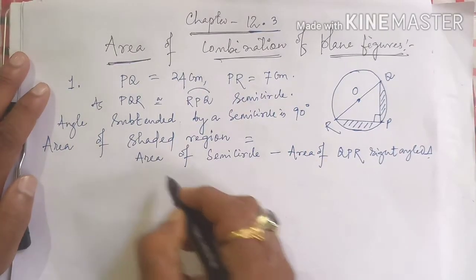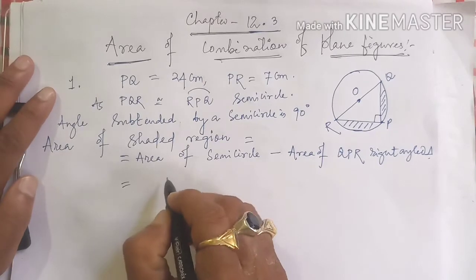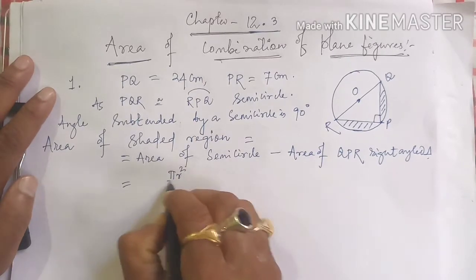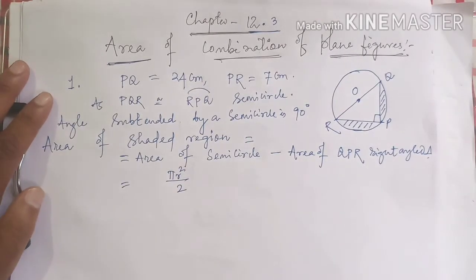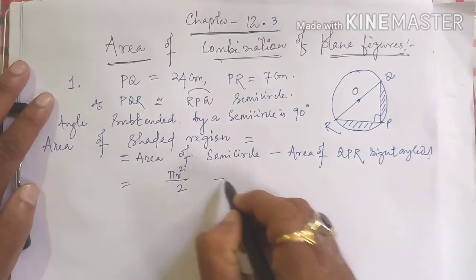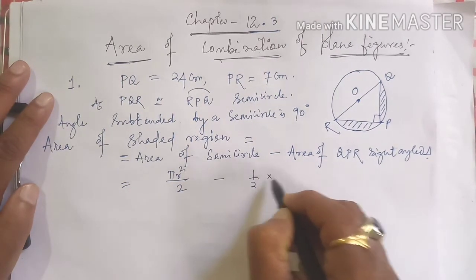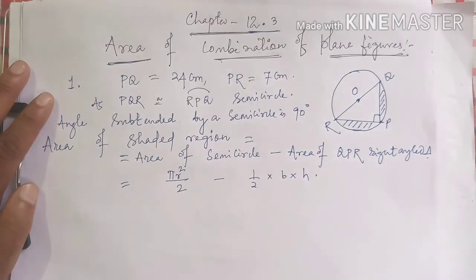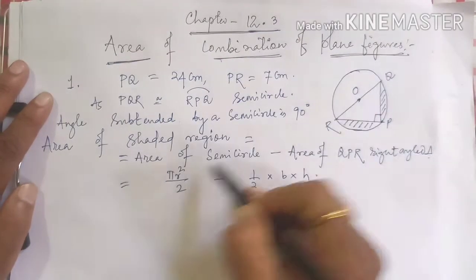Now we know that area of a semicircle is pi r square by 2. Clear? And for the right angle triangle QPR, it is half into base into height. But first of all, we have to be clear about what the radius of the circle is.